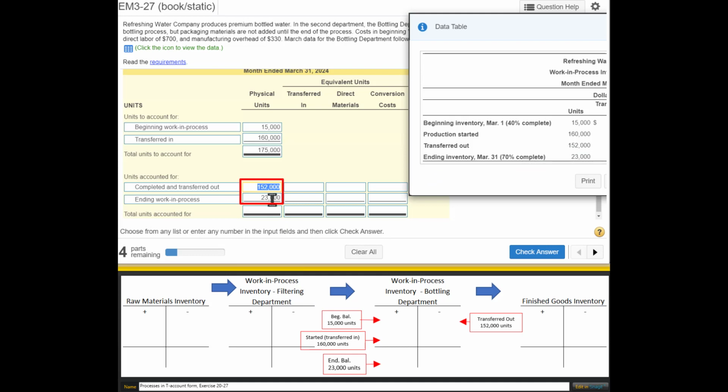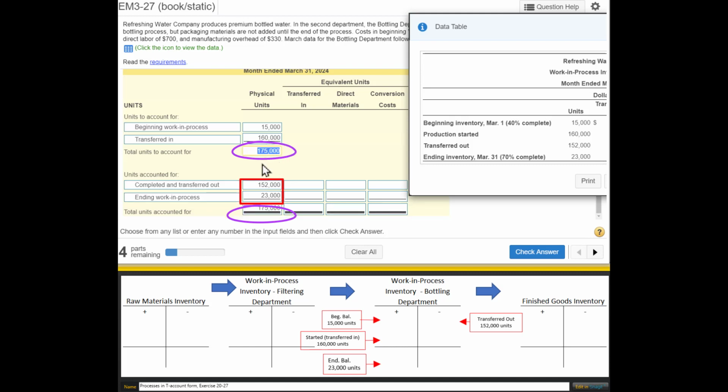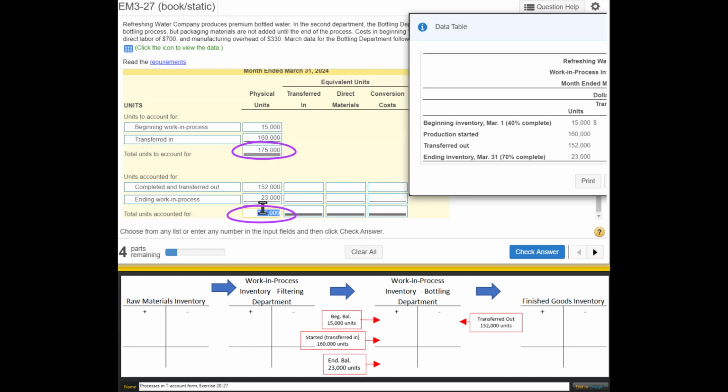So we take 152,000 plus 23,000, and that gives us 175,000. So double check your work. The units to account for up here have to be equal to the units accounted for. So now we're going to calculate the equivalent units of production.